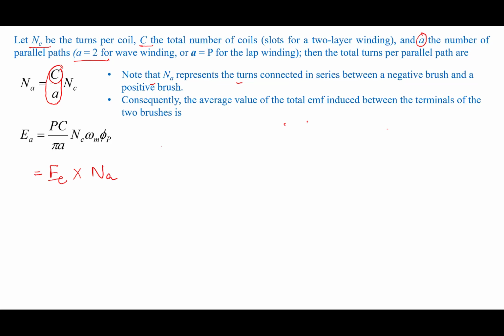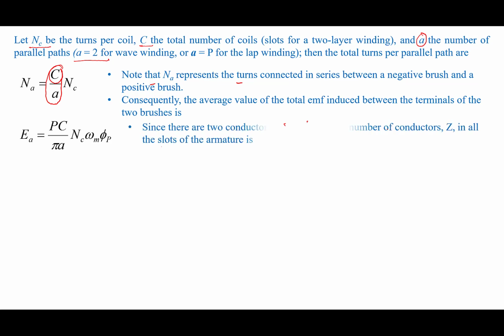Previously we found Na equal to C by A times Nc, and Ec is the average voltage, that is P by pi into omega m phi P, right? So this gives the result, and now we have found the voltage across the terminals.